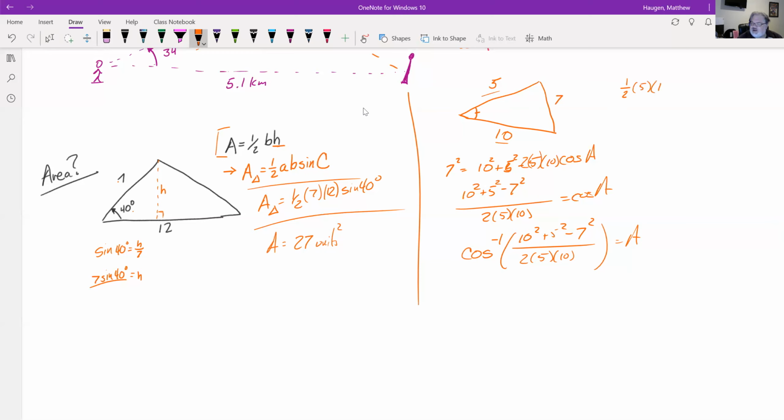And that would even be a nice exact value. And heck, even the sine of the cosine inverse, we've done those symbolically. So it does generate a nice tool for us for area.